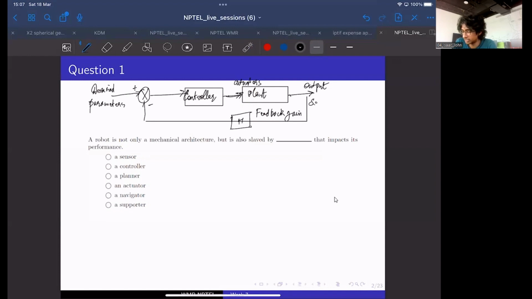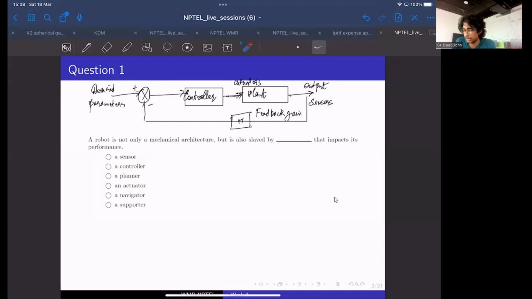Using sensors, we measure whatever parameters the plant is outputting, and this is fed back to the controller as the difference between the desired parameters and the output parameters. Based on the signal it receives, the controller gives appropriate control signals to the plant. So the cycle goes.